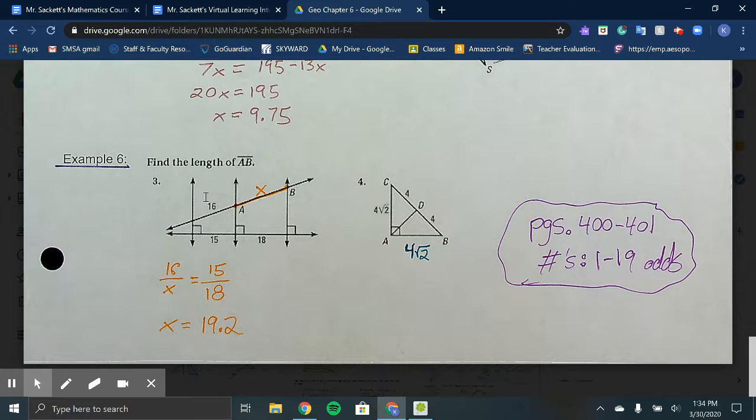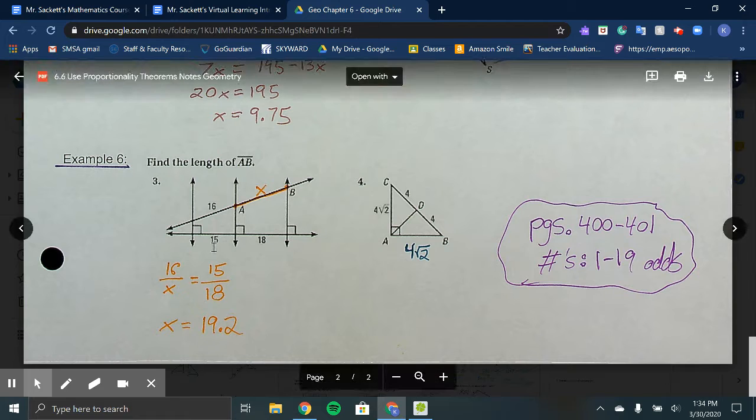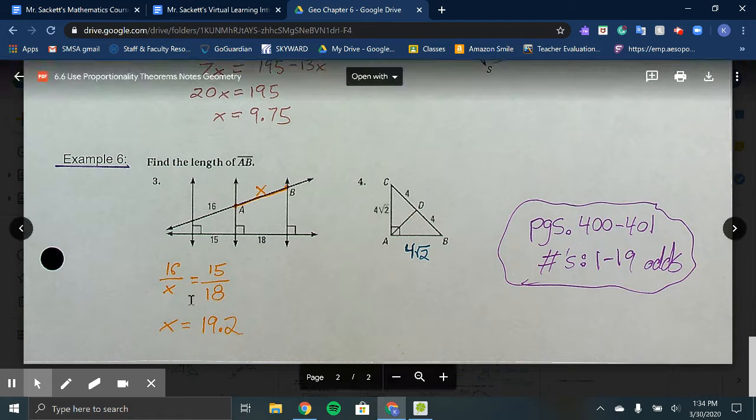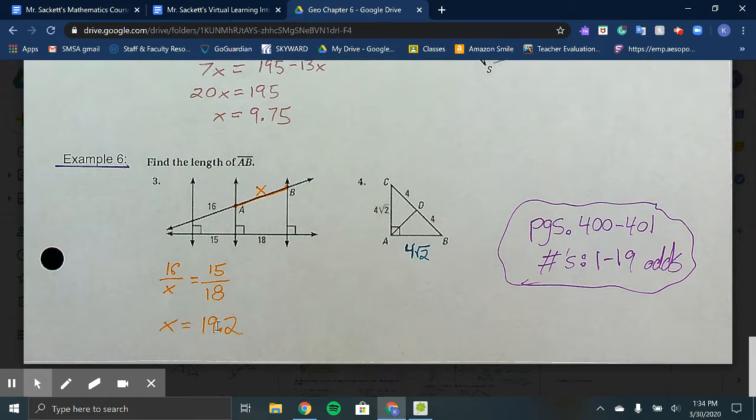We know that has 16 along this side that corresponds with it, so I set it up as 16 over x equals, and then across bottom, 15 over 18. Cross multiply and divide, 18 times 16, divide by 15, and x equals 19.2.